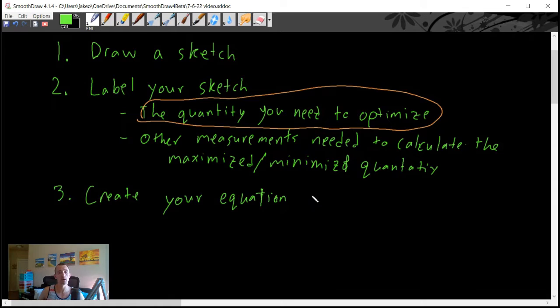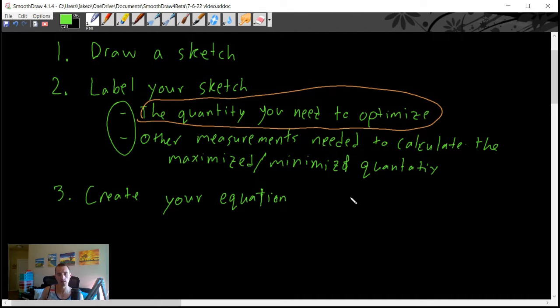Maybe not always, but what your equation always is going to have are these quantities from the prior step. You're always going to have to include the quantity that you're trying to optimize, whether that's volume, area, et cetera, and then you're going to use these other measurements that you need to calculate that optimized quantity also in your equation.